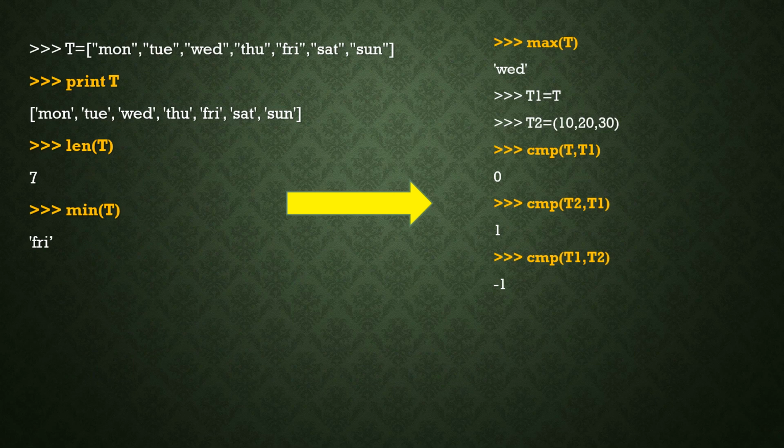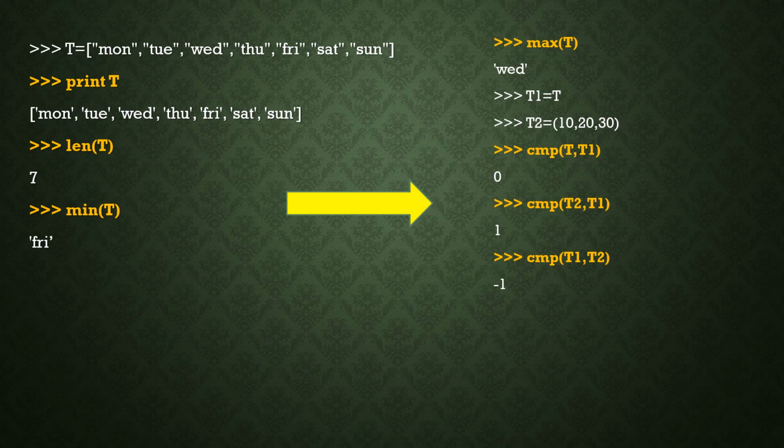Minimum of T means it will take the ASCII value of the first letter of each string. See, ASCII values are in ascending order starting from A. A is 97, B is 98, in that way. So in alphabetical order, F comes first, so it is treated as minimum. And W comes last, so it will be treated as maximum.